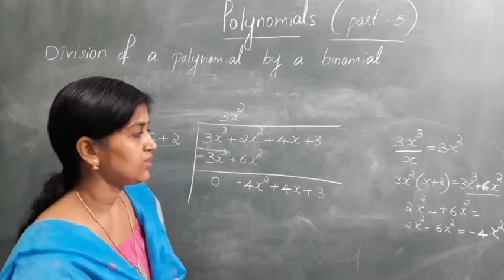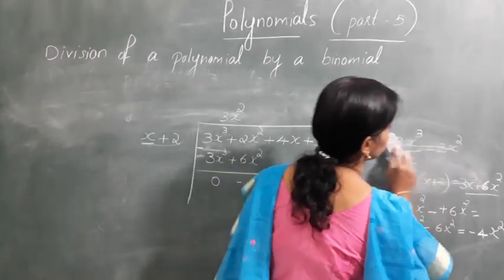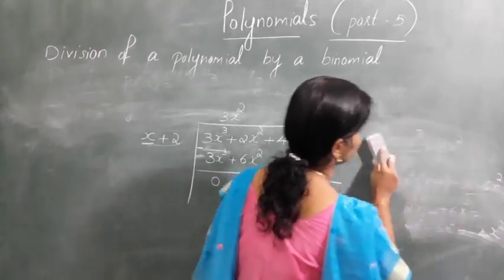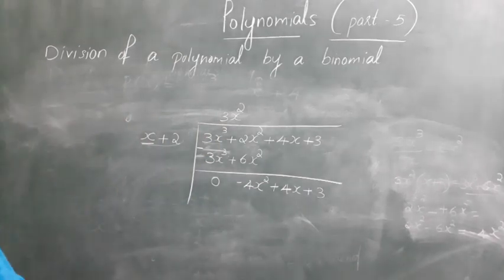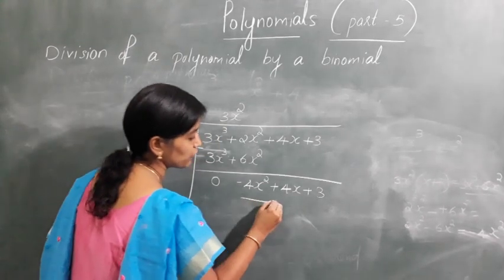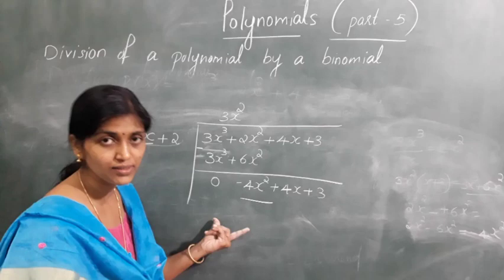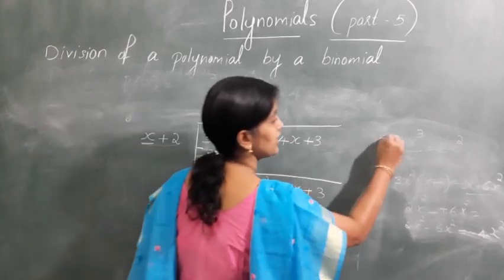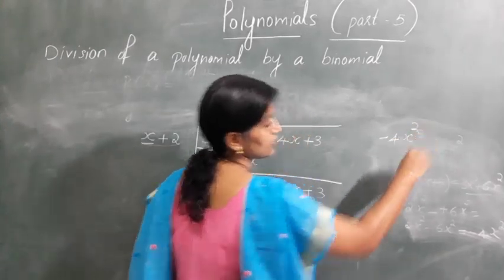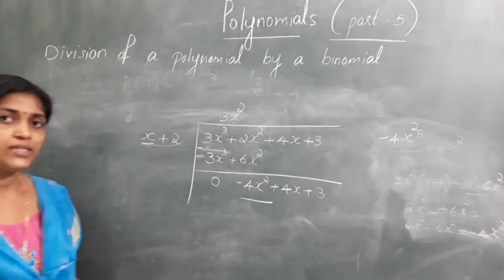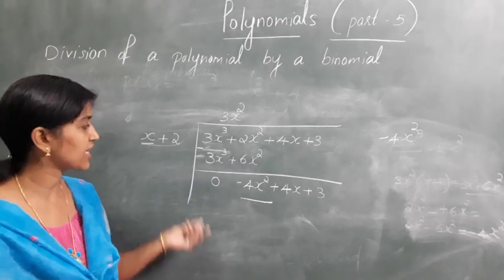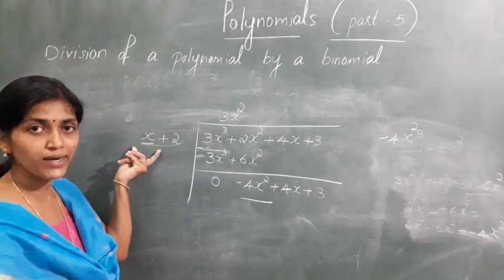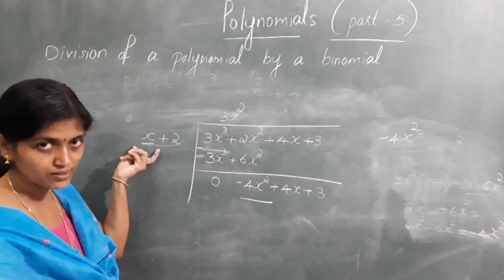We will take the first step, following the same steps here. This is our first term in the new dividend, minus 4x square. What was our step? Take the first term of the divisor, which is x.